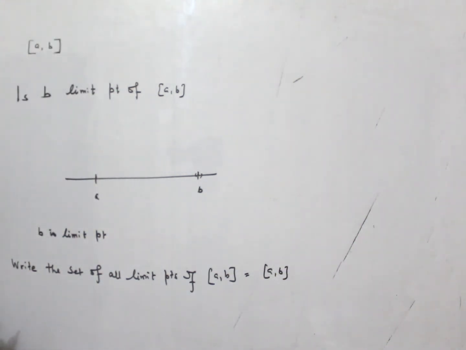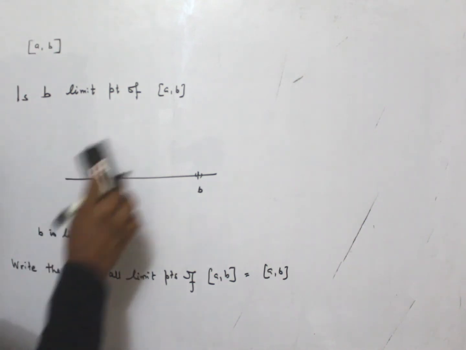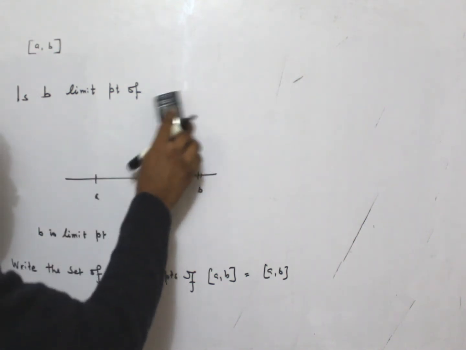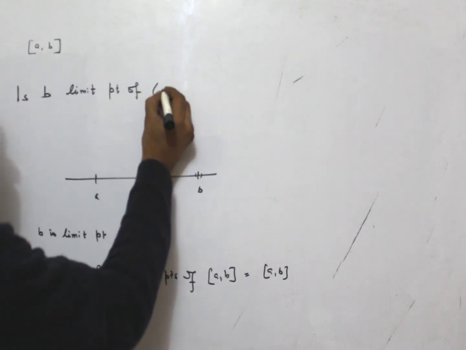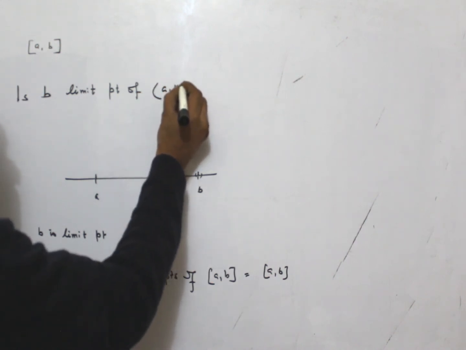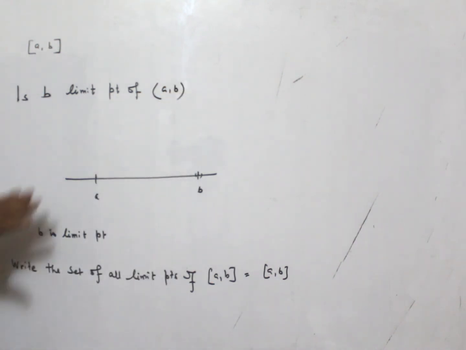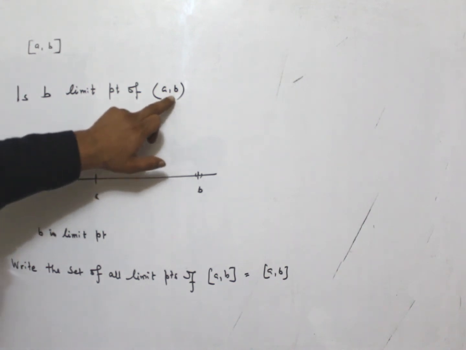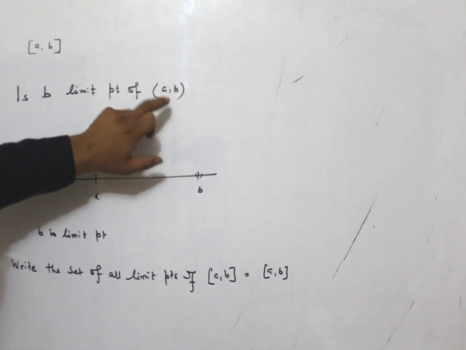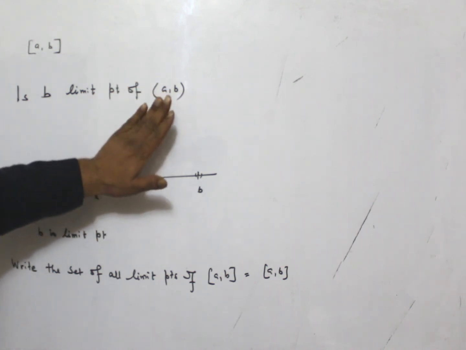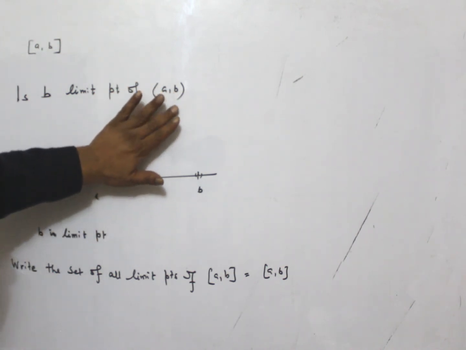If I change this question, now it is the open interval AB, and B is not part of this interval. That means B is not an element of this interval.